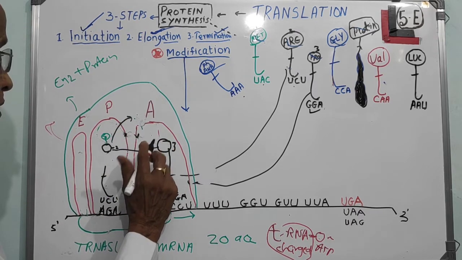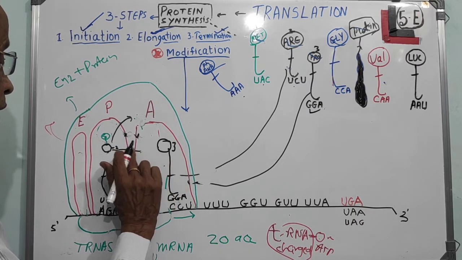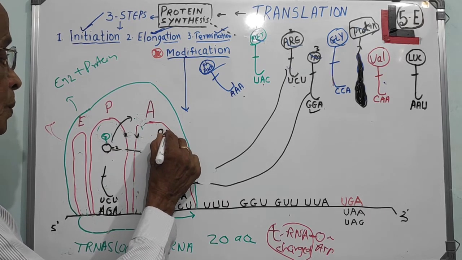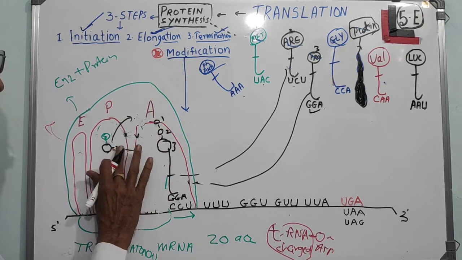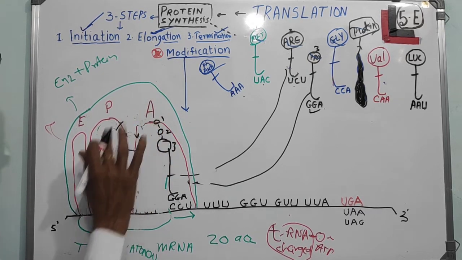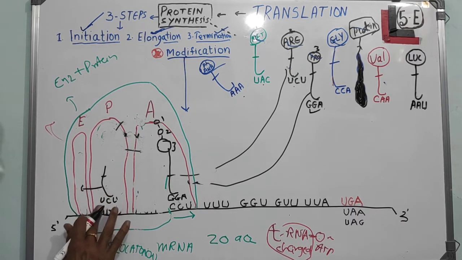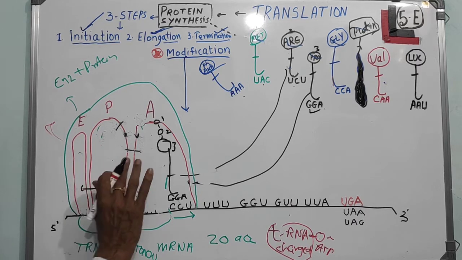So on the A site, the entire thing bounces back there. That means you will have here number 2, and then you will have number 1, like that. So this has gone, and this particular thing now moves into the E site. Now P site is vacant.